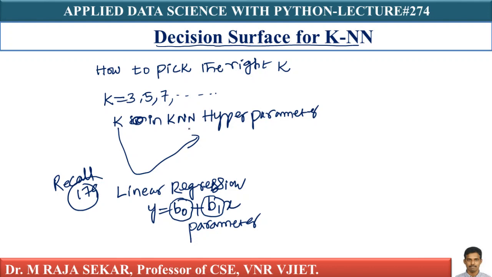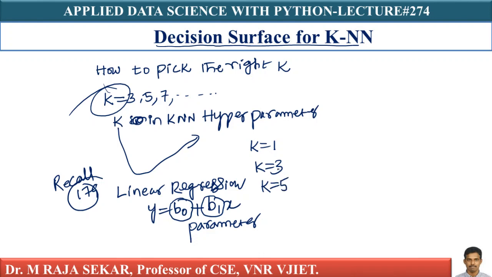Now, how do we determine k? That's important. How to pick the right k? What is the right way to determine k? And how do things change when k changes? What happens when k equal to 1? What happens when k equal to 3? What happens when k equal to 5?